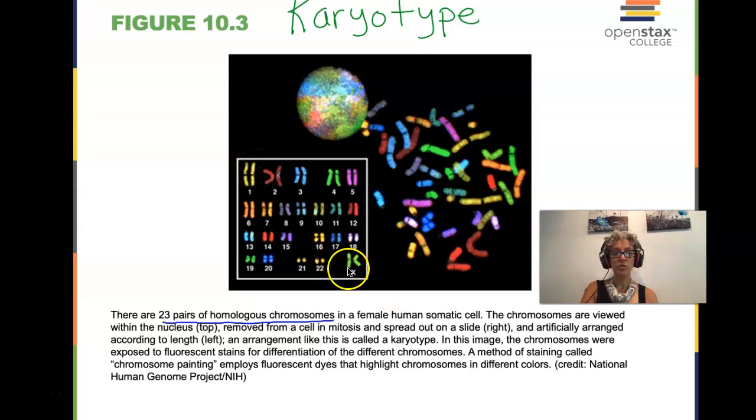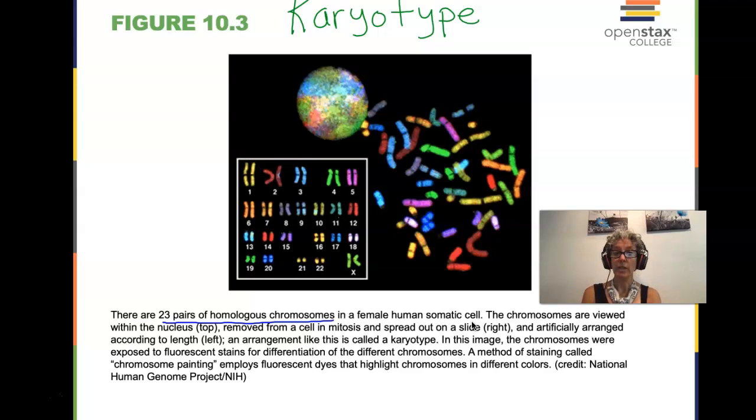This has 2 X chromosomes, so it says that this is a female human somatic cell. Somatic just means that this cell was not an egg cell. Somatic cells are all the cells in our body other than the ones that are for sexual reproduction.